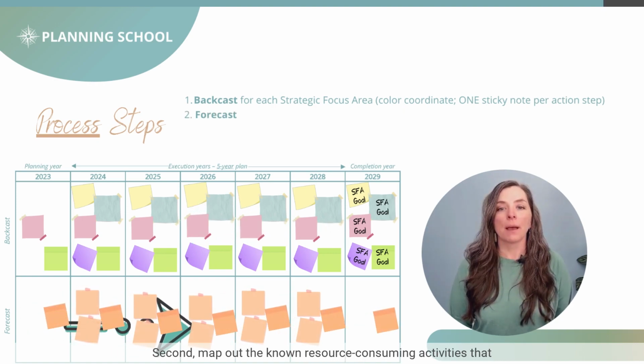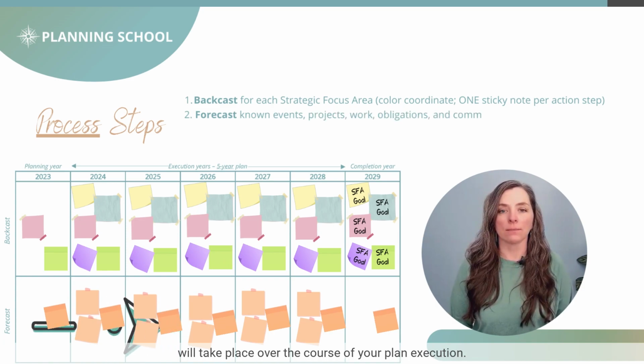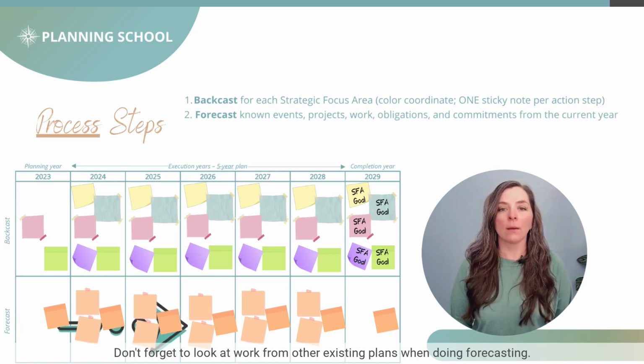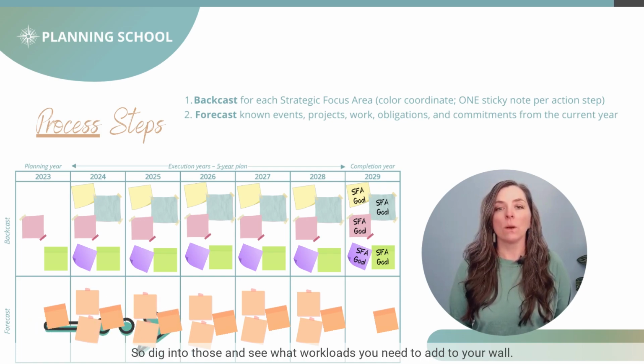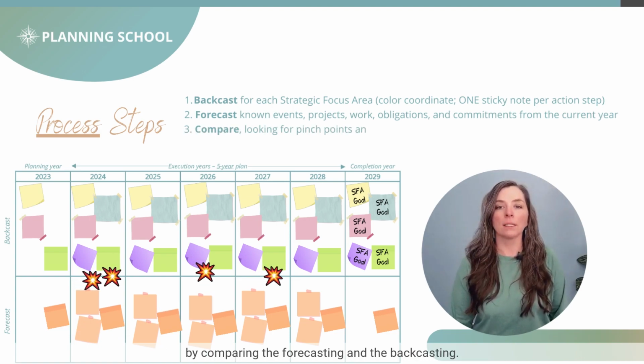Second, map out the known resource-consuming activities that will take place over the course of your plan execution. This is your forecasting. Don't forget to look at work from other existing plans when doing forecasting. So dig into those and see what workloads you need to add to your wall. Finally, make critical decisions about when things will happen by comparing the forecasting and the backcasting.